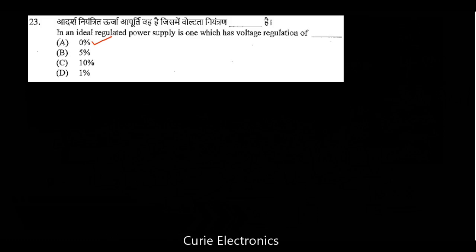That means if the power supply is rated for 5 volt output, irrespective of the current we draw, it should stay at 5 volt only. But practically it is from 1% to 5% for good power supplies.